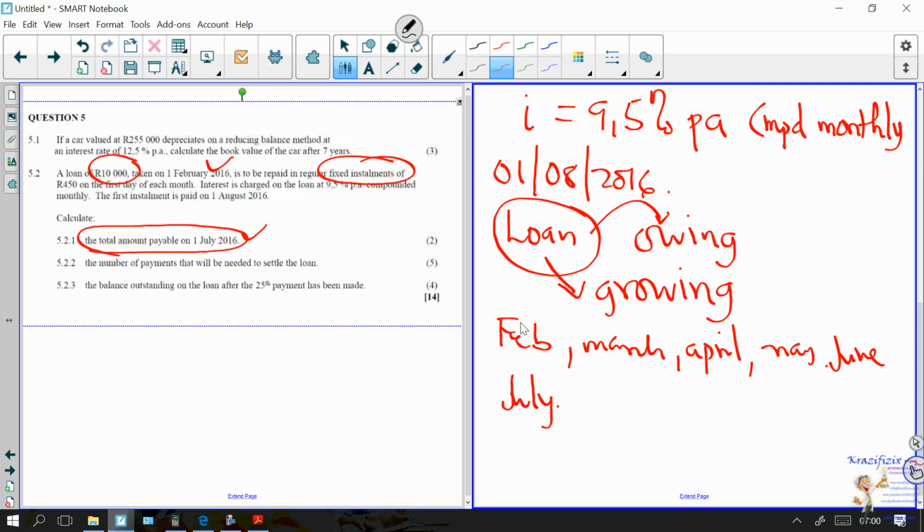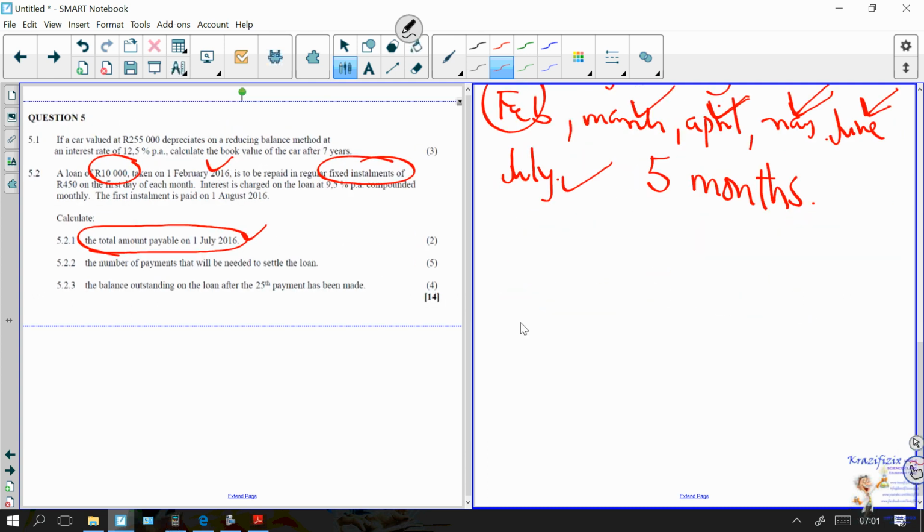But we don't count February because you took the loan on the 1st of February. The loan starts growing on the 1st of March. So we have 1st of March, 1st of April, 1st of May. So it's a total of 5 months. So the loan is growing before you start paying at all.